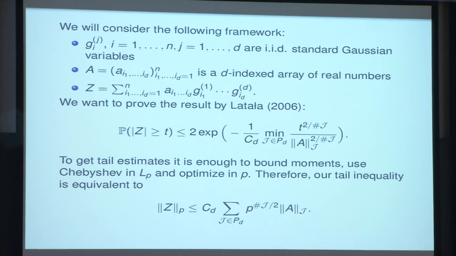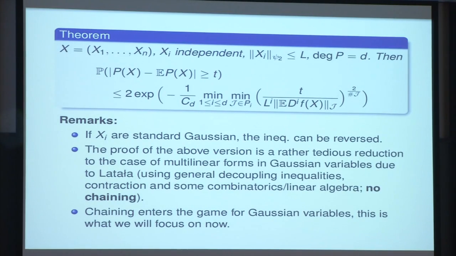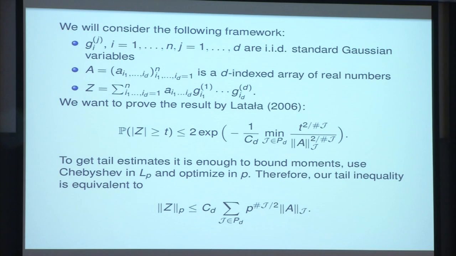So when you write down the inequality from the previous slide in this special case, all those expectations of derivatives of order smaller than d will disappear, and you will have something like that. So once again, A has d indices. You look at all the partitions of the set from 1 to d.